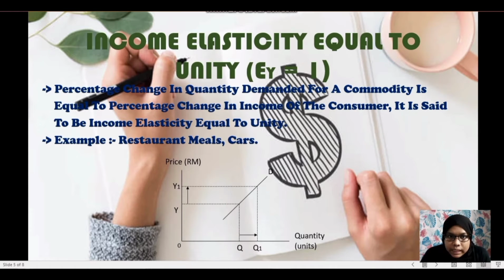If the percentage change in quantity demanded for the commodity is equal to the percentage change in income of the consumer, it is said to be income elasticity equal to unity. For example, when the consumer income rises by 5%, the demand also rises by 5%. It's the case of income elasticity equal to unity, such as restaurants and cars.